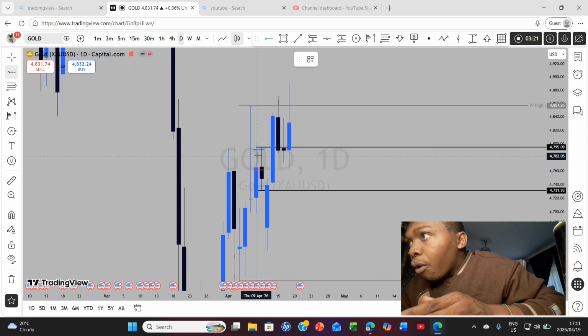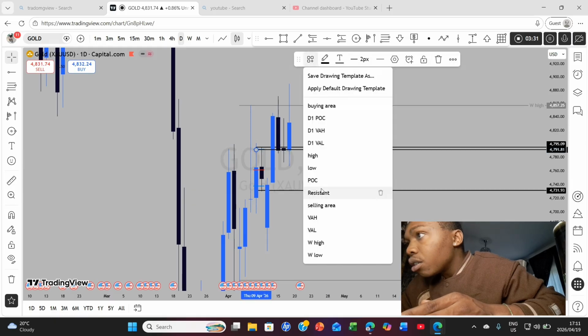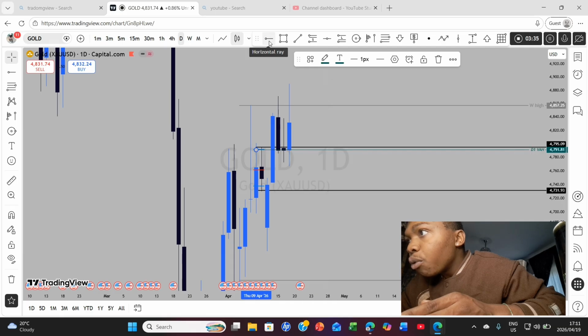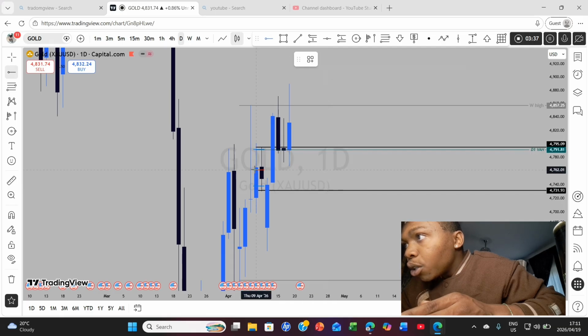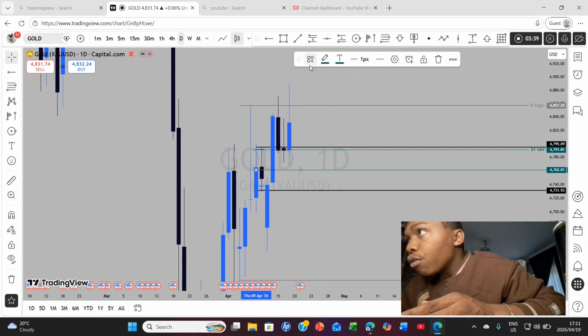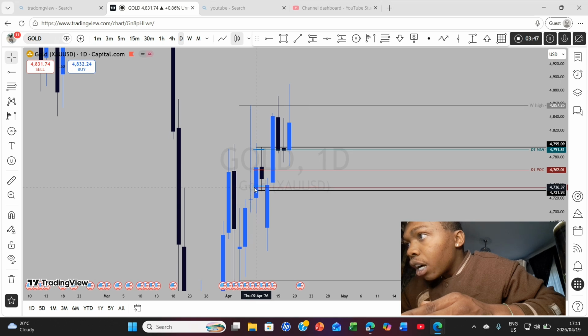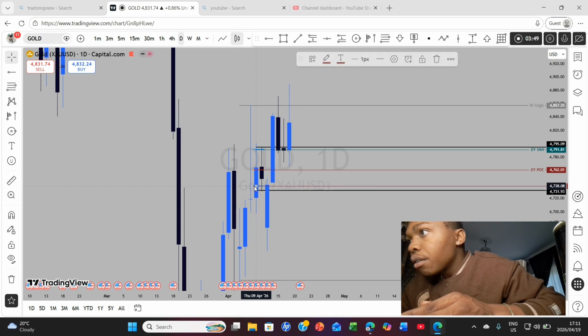We are marking our value area high, and then we change it, value area high for the day. And then we will also need to mark our POC, which is point of control. And then we have to mark our value area low for the previous day.